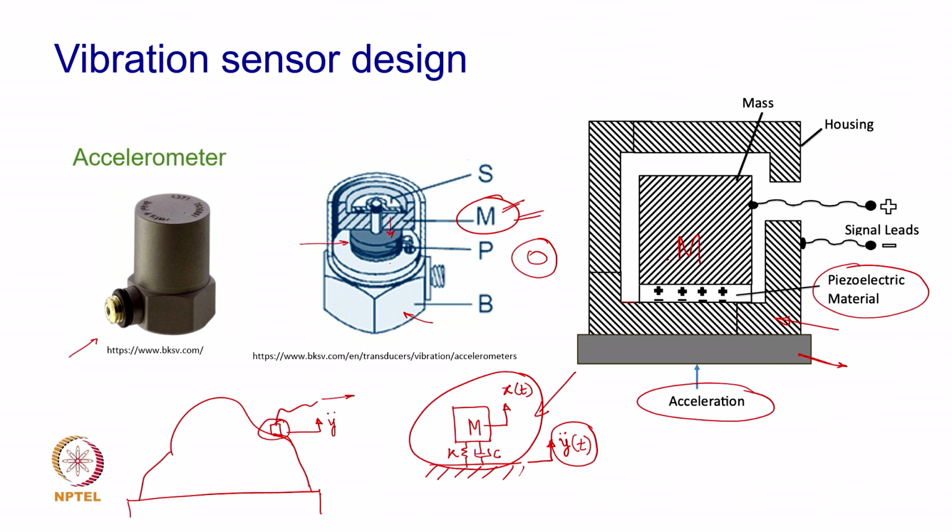accelerometer elements. As I mentioned, there is a mass which is pressing the piezo discs against the base. Now, what are these piezo discs or piezoelectric material? Why are we using it? You all know the property of the piezoelectric material: when it is subjected to mechanical strain, it generates electric charge.